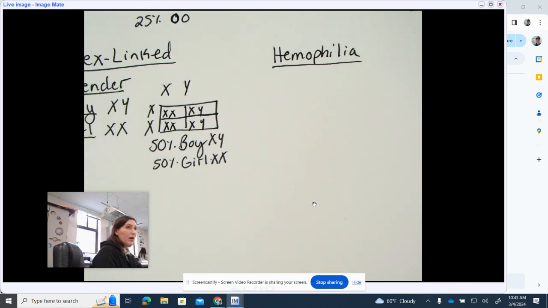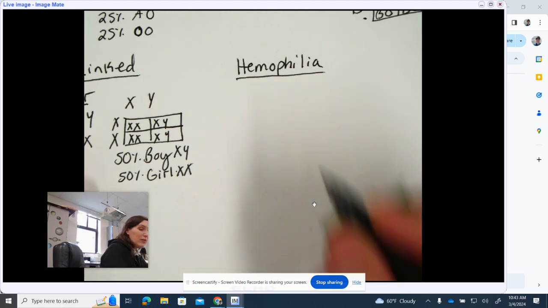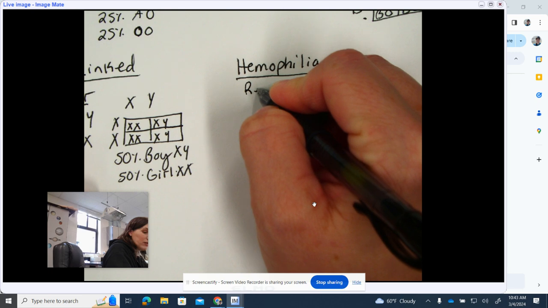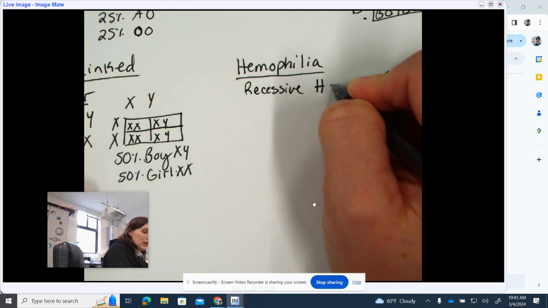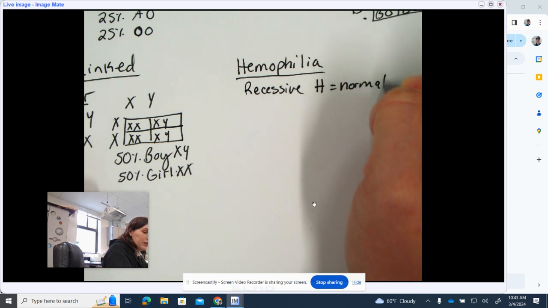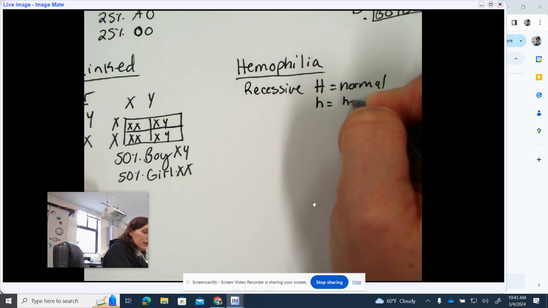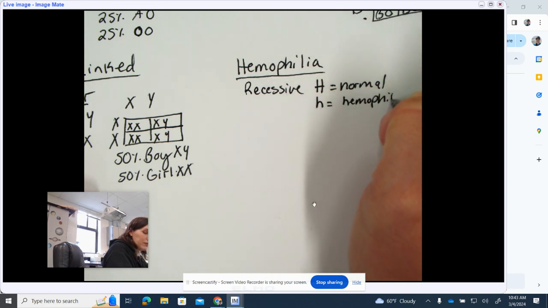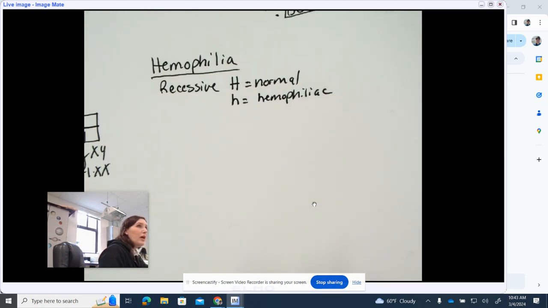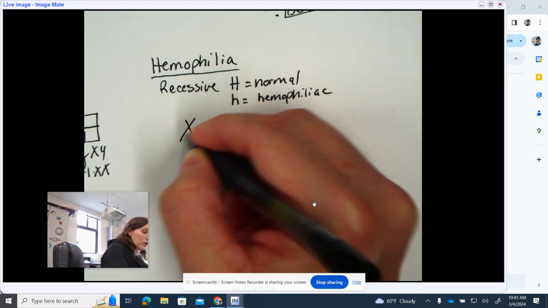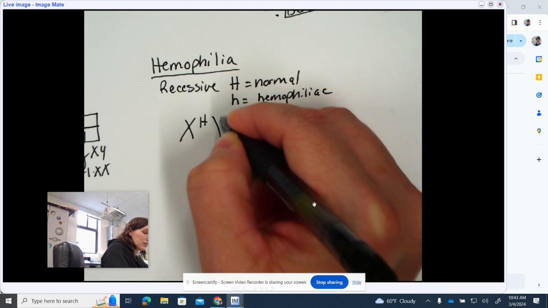Pretty crazy. All right, so let's try this. Hemophilia is recessive. So H is normal, and a hemophiliac is a little h. We're going to add it to gender because it's a sex-linked trait. So we're going to take a girl, and she's going to be this.